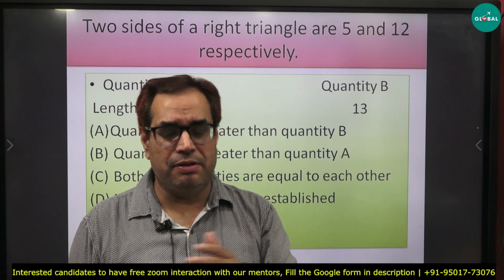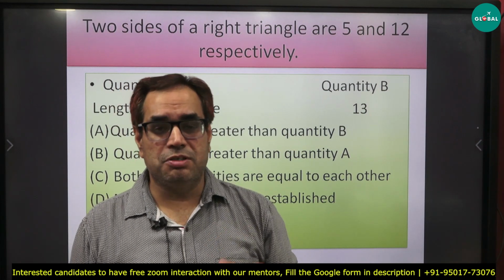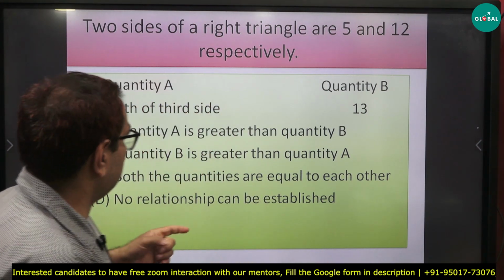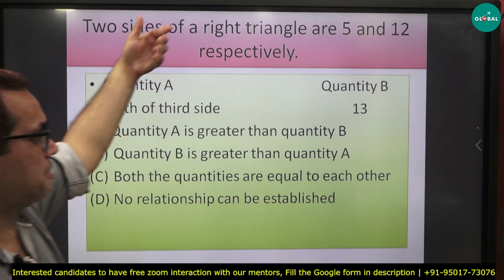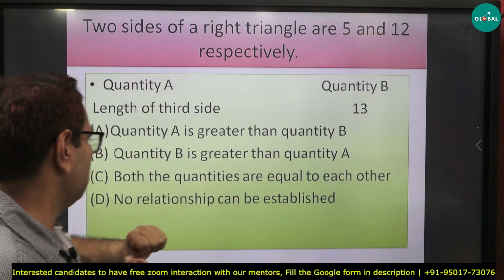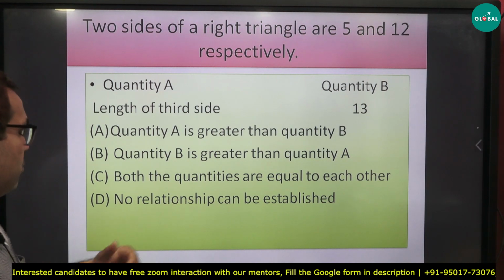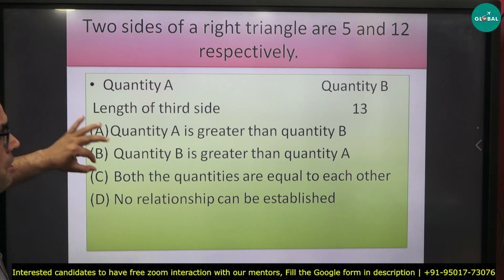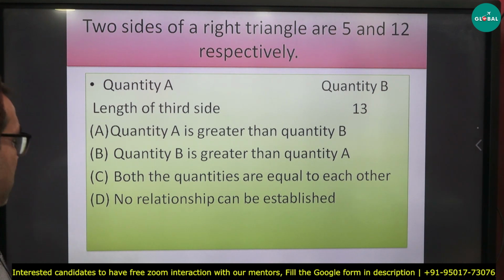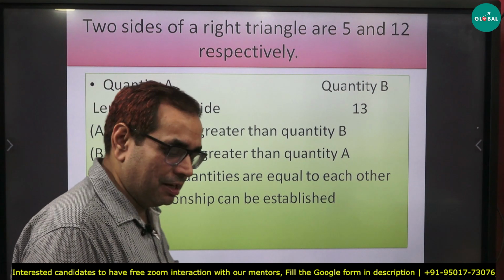Many students will say that the length of the third side is 13, so both quantities are equal to each other. Such students are going to answer option C, but this is not the right answer to this problem.